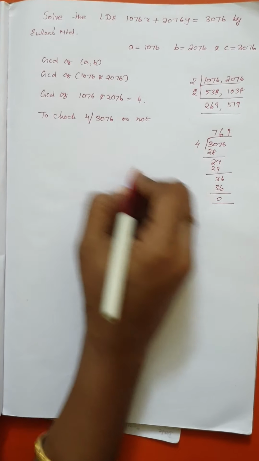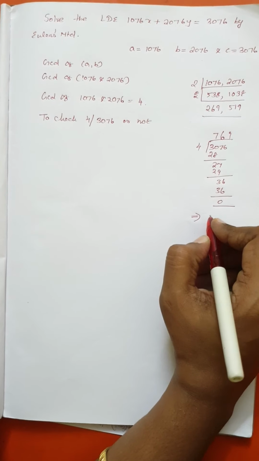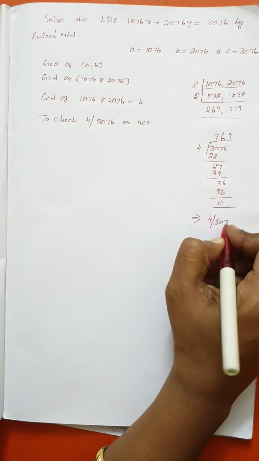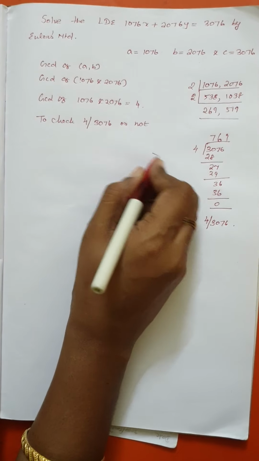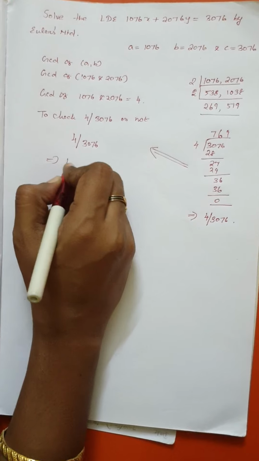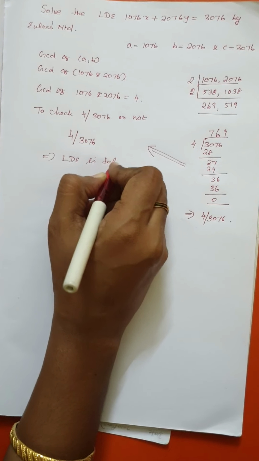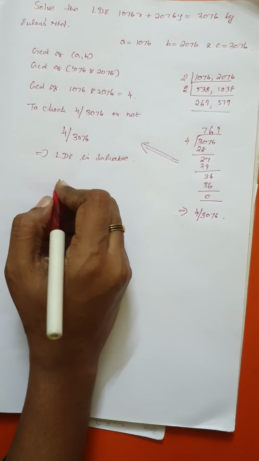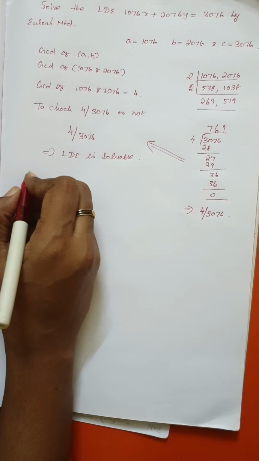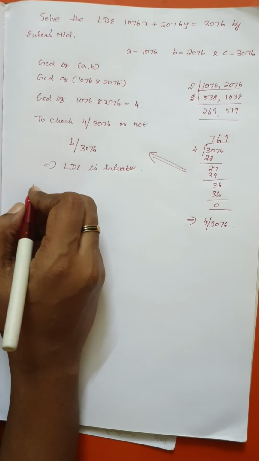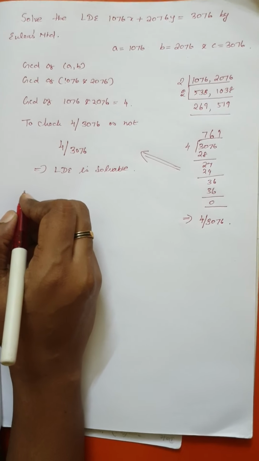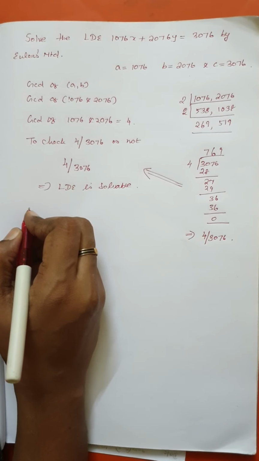So from this division method, we can see that 4 is the divisor of 3076. 4 is the divisor of 3076 means the linear Diophantine equation is solvable. So next step, you have to find out the values of x0 and y0. Using Euler's method, how to find out x0 and y0, we will see now.